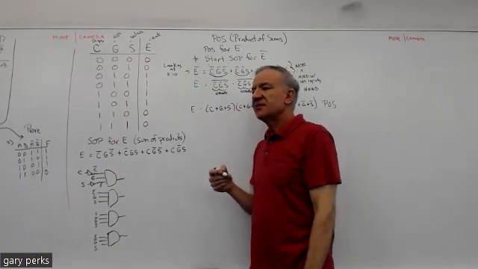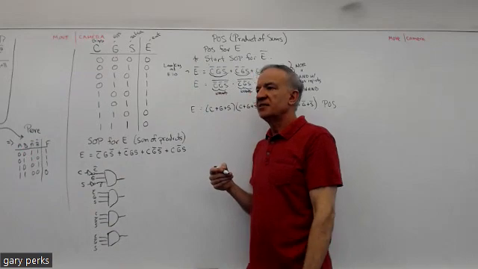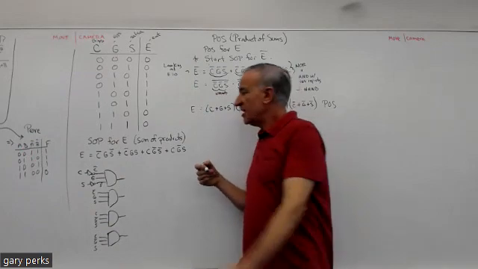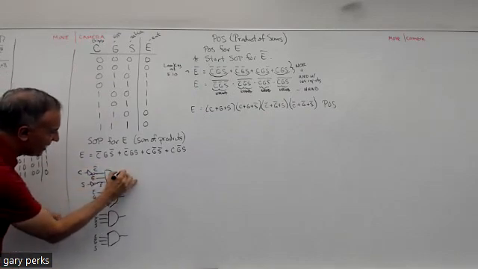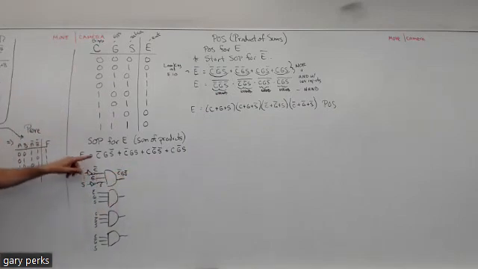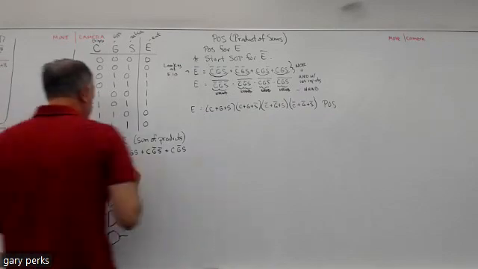Okay, what do you think is going to come next? What are we going to do next? You just take these terms, because at the output of these AND gates we'll have the terms. This AND gate that ANDs these 3 together, at the output, we're going to have this expression.